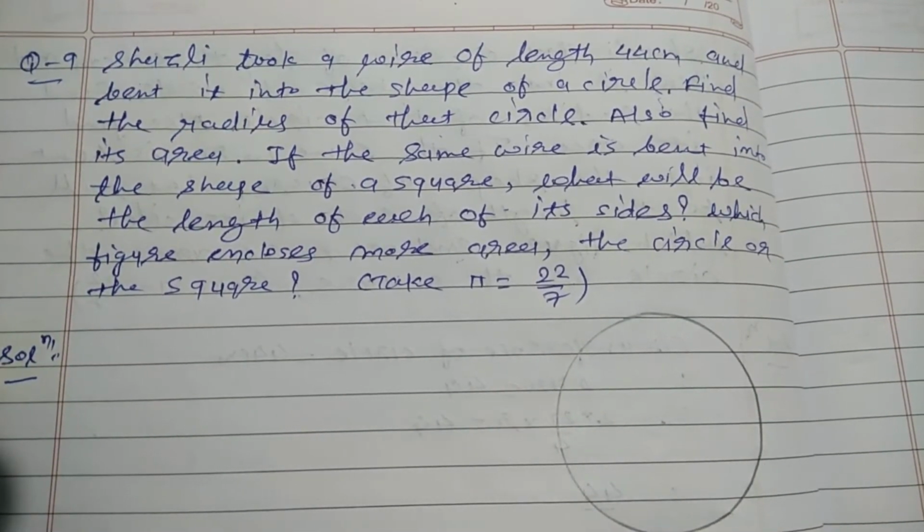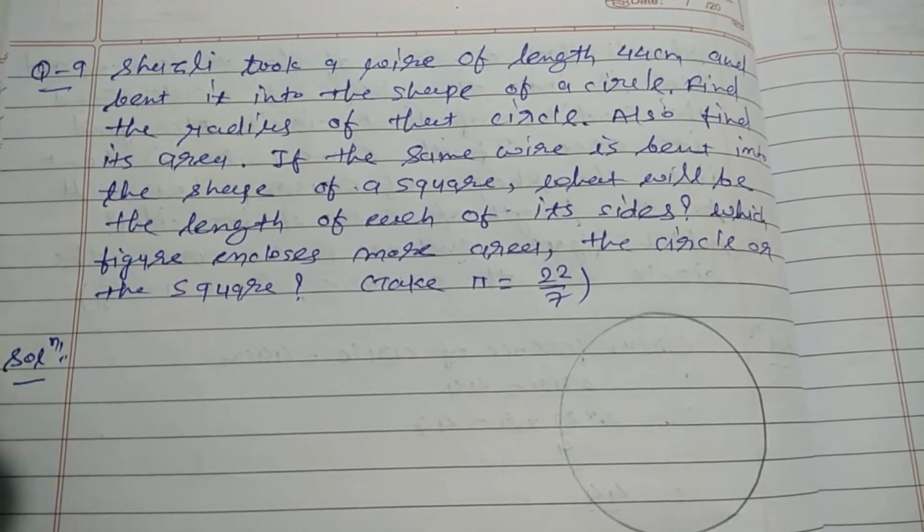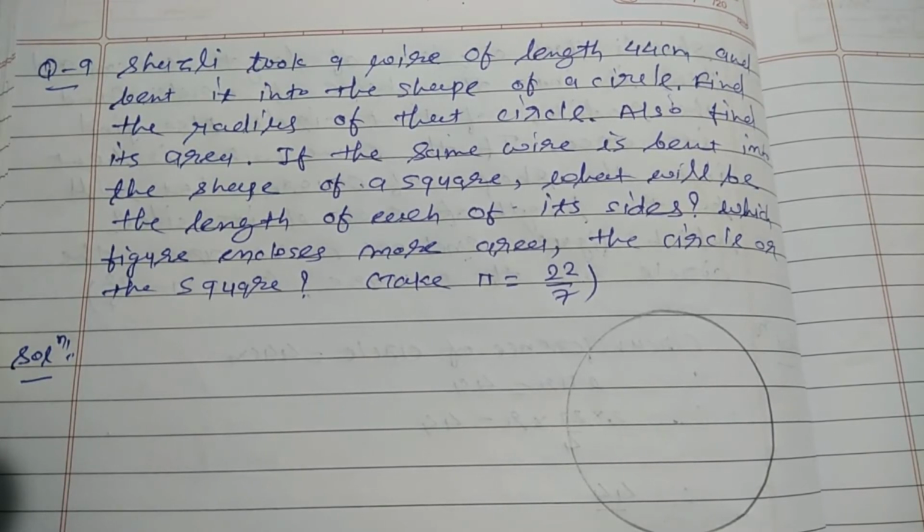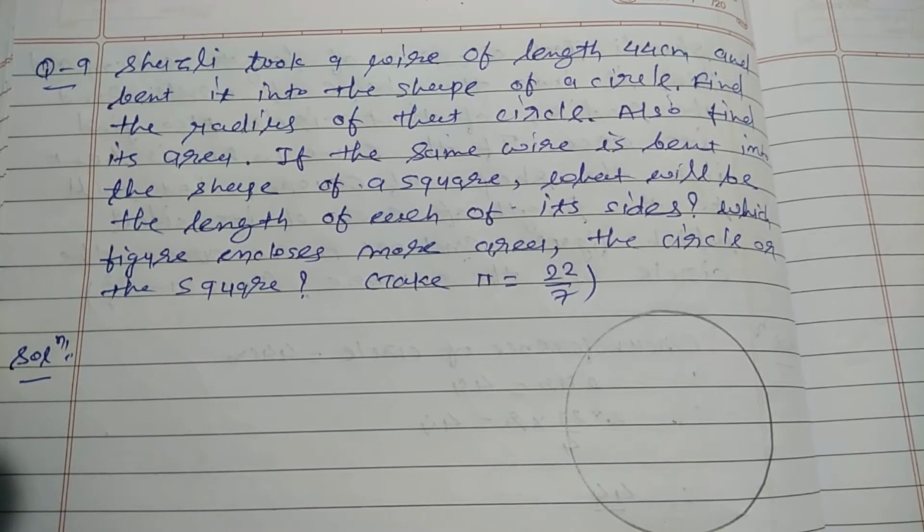Next, question number 9. Sazli took a wire of length 44 cm and bent it into the shape of a circle. Find the radius of that circle, also find its area. If the same wire is bent into the shape of a square, what will be the length of each of its sides?